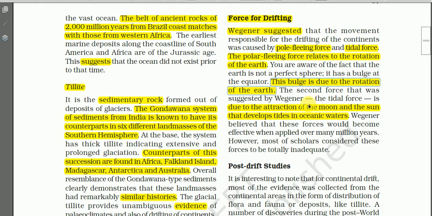Then the second force that was suggested by Alfred Wegener was the tidal force. The tidal force is due to the attraction of the moon and the sun that develops tide in the oceanic waters. The tide is caused by the attraction of the moon and the sun, and this tidal force is also responsible for the movement of the continents.